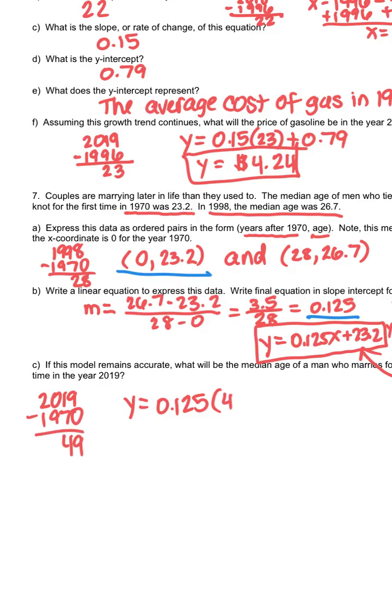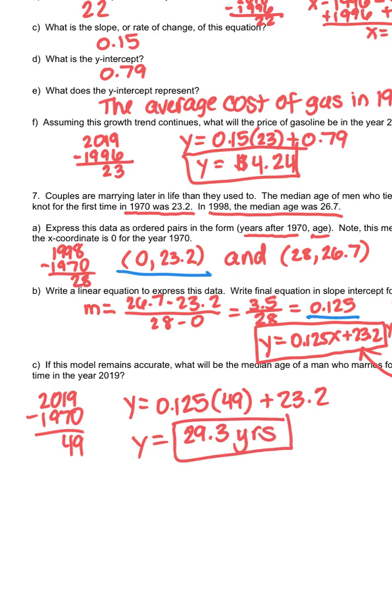So our x will be 49, and that's plus 23.2. Go ahead and plug that into your calculator, 0.125 times 49, enter, and then add that to 23.2. And the average would be 29.3 years old if this were to remain the same.